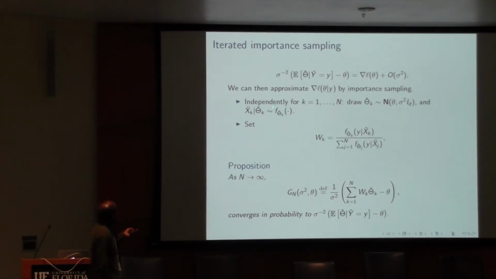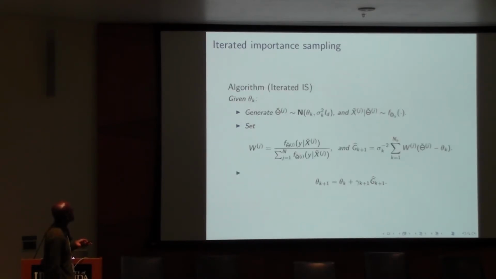So one iteration of the process will be, let me maybe just present this slide. At a particular iteration, I have theta k.